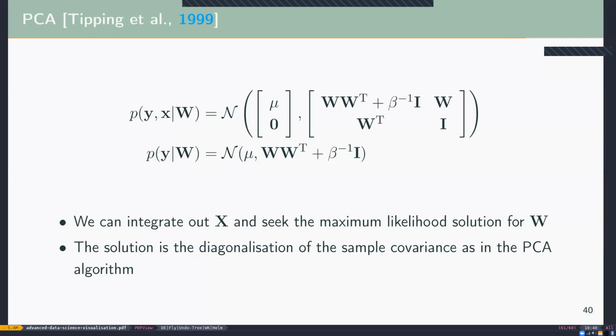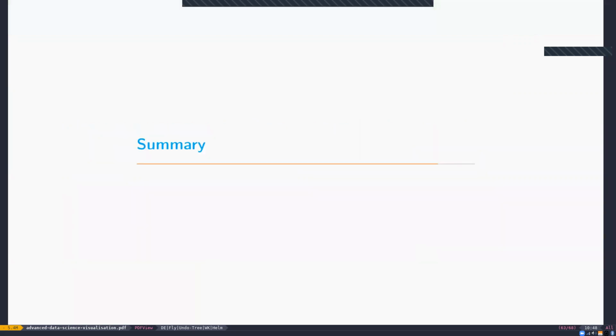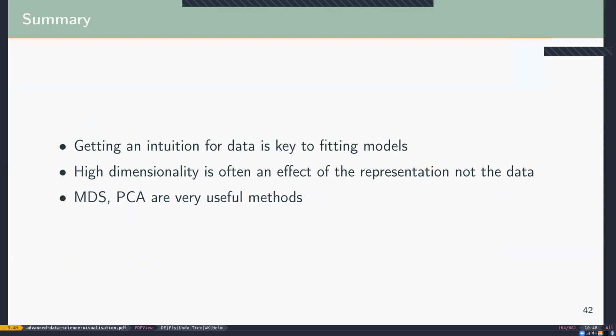So I'm going to wrap up, but basically the key thing that I wanted to try to get across is that when fitting models, you really want to get an intuition for data. Your data will generally be very high dimensional.